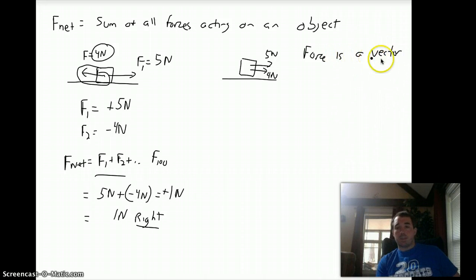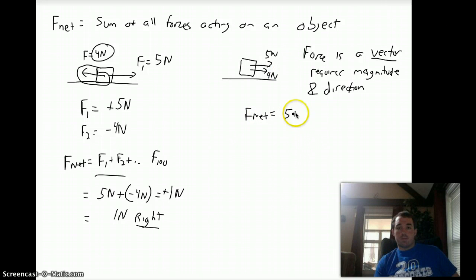We haven't talked about what vectors are, but basically, in its most simple form, it requires magnitude, that would be like the 4 and the 5, and direction. Our net force in this case would be plus 5 plus 4, which would be plus 9 newtons, or 9 newtons to the right.